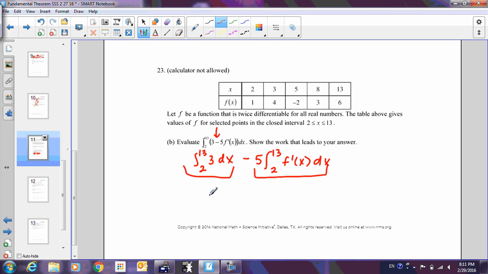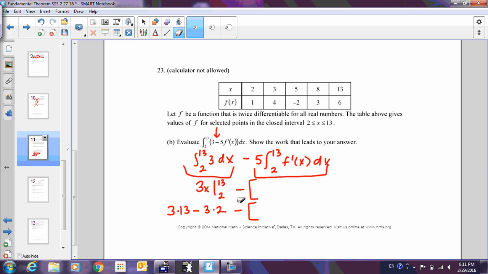The antiderivative of 3 would be 3x, which would be 13 and 2 there. So this would even split up further into 3 times 13 minus 3 times 2. Because this is all a whole bunch, I'm going to use a big bracket here, and put the 5 out in front so that it applies to the whole thing.